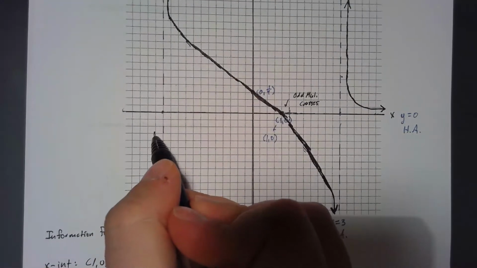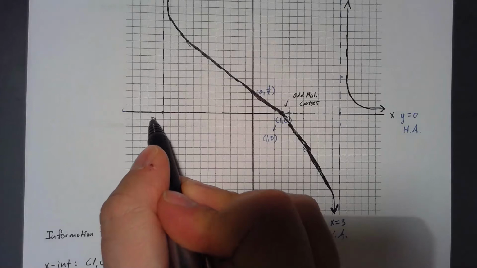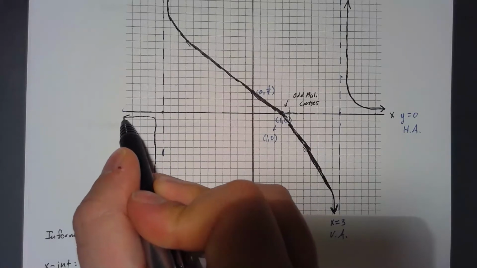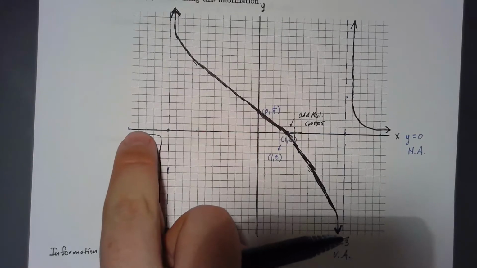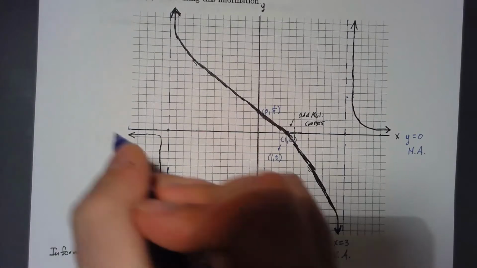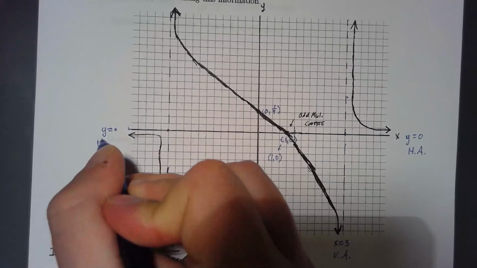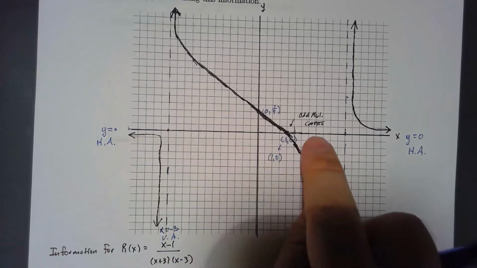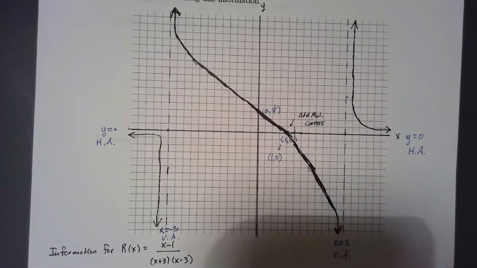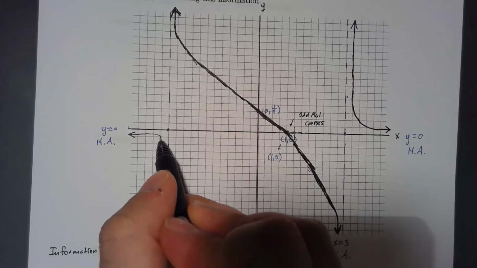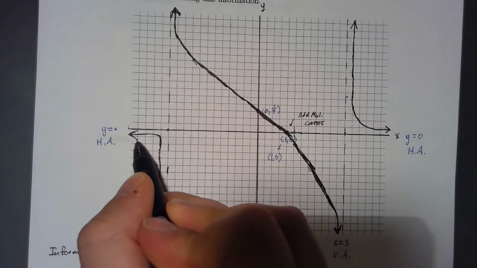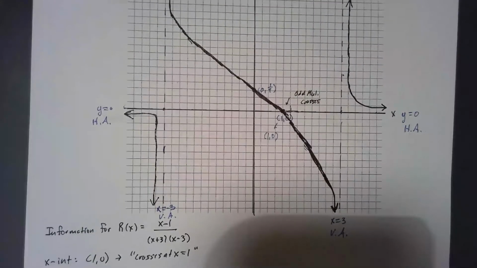Well, it's going to go out to the left as x gets closer to -infinity, because this line right here is the horizontal asymptote, and it only crosses at one location, (1, 0). So that's how I know that when it gets closer to the horizontal asymptote, it shoots out to the left like that.